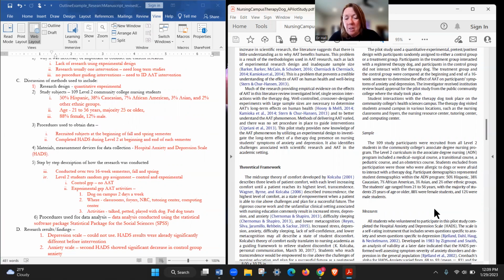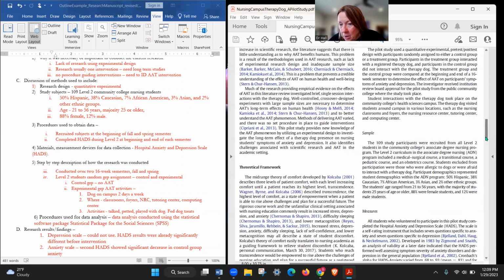So if it's all RNs on a med surg unit, then you really can't apply it to RNs in a critical care unit, those kinds of things. So your sample is pretty important. Then the next piece on your outline is how they collected their data.